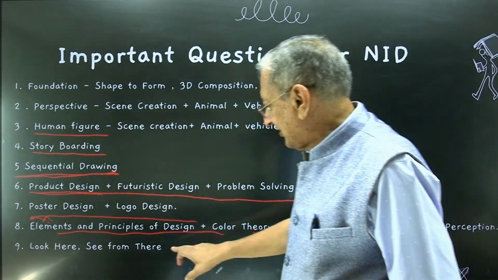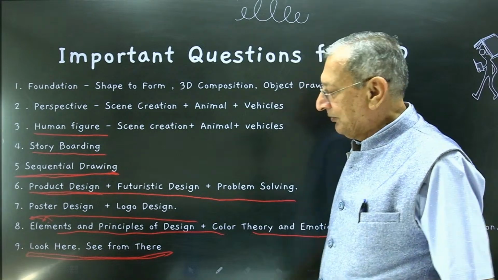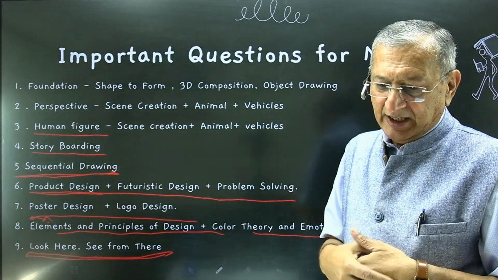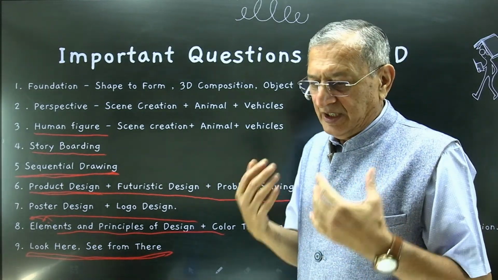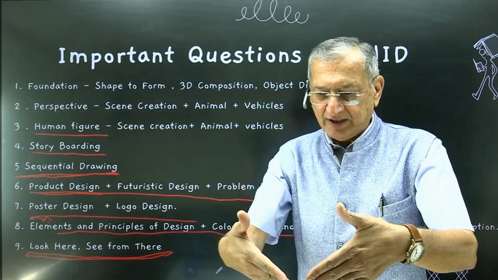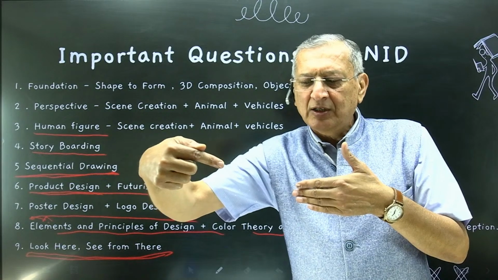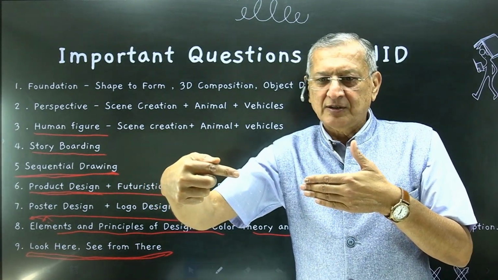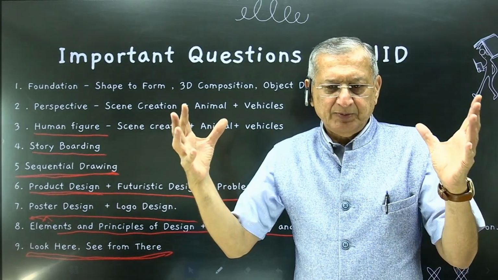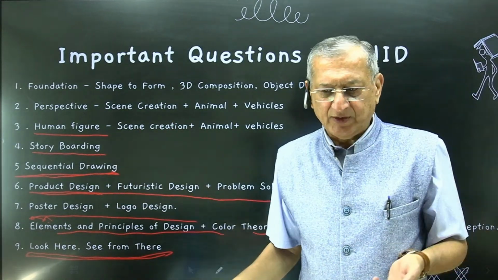Now, this is a topic not in any syllabus, but that is how I find that in the last 5 years there have been questions in NID asked on this kind of understanding. They give a picture. So they say, look here. Then they indicate from where you are supposed to draw it. There are, say, 4 sides of an object: front, back, right, and left side.